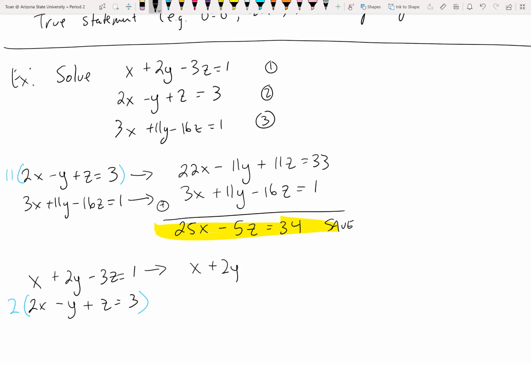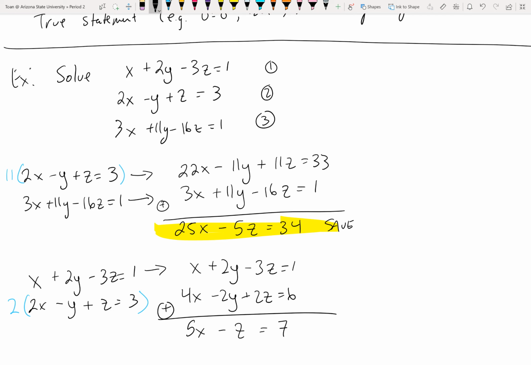X plus 2y minus 3z equals 1. 4x minus 2y plus 2z equals 6. 5x, y's are gone, minus z equals 7. Save.